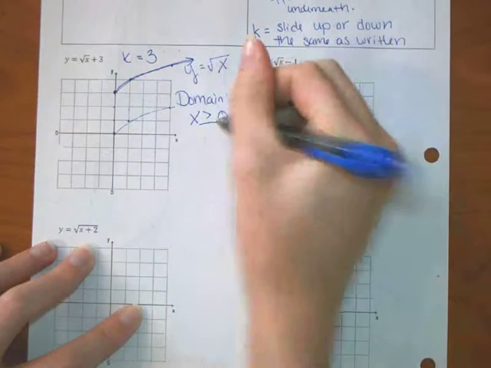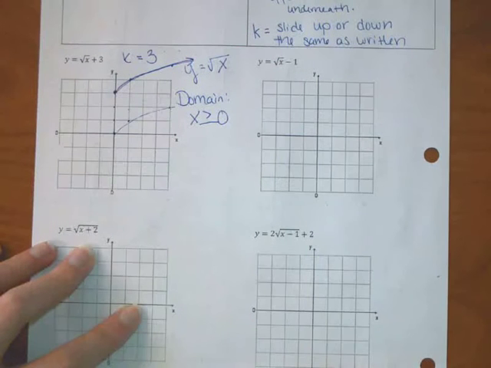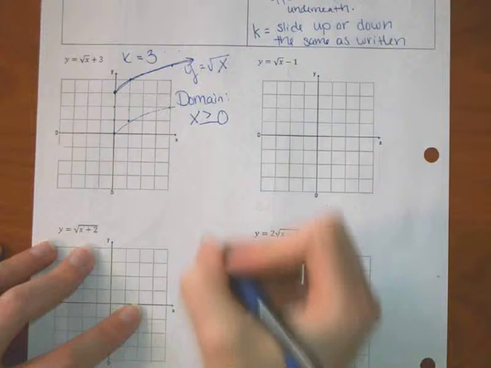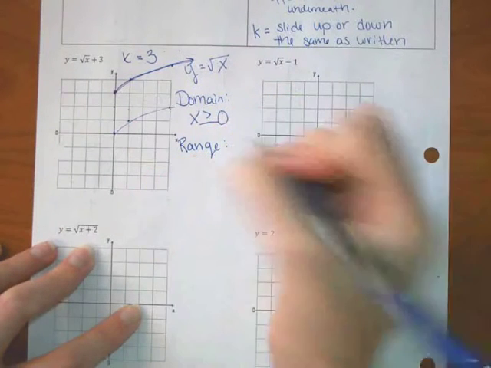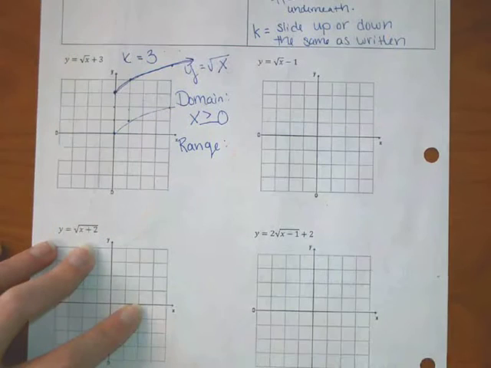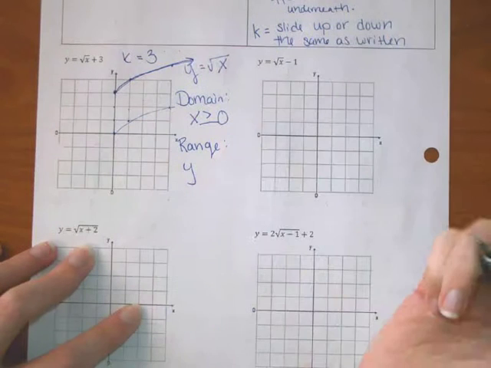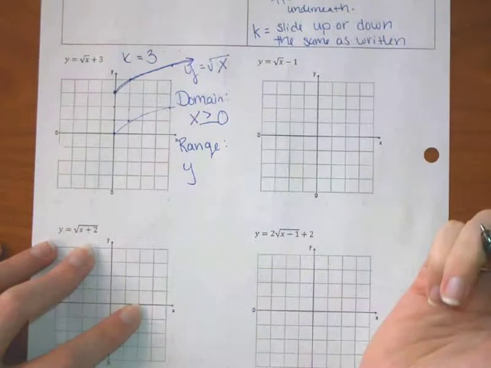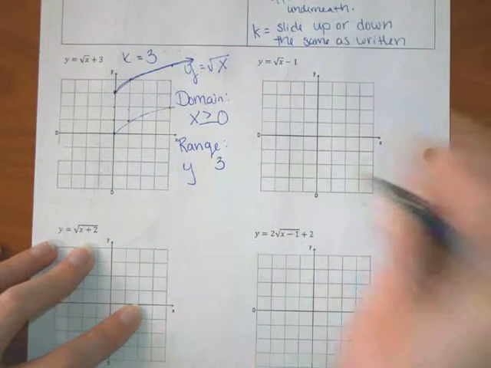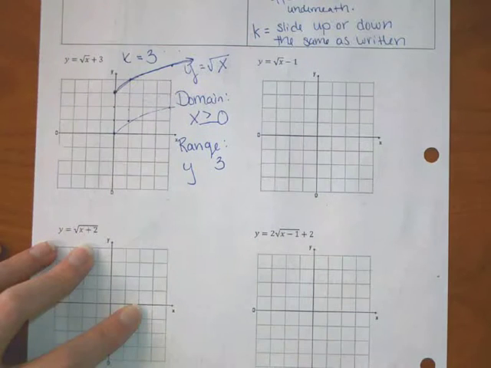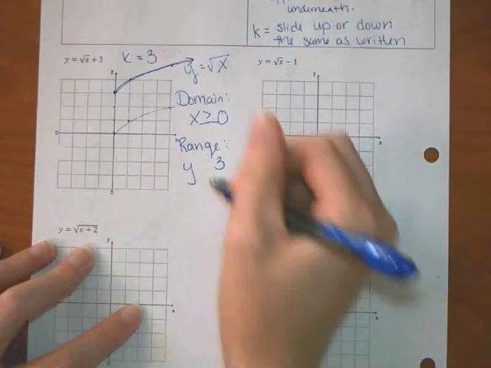Bigger. So my domain has not changed from my parent function. What about my range? Now we're talking about our y's. Where do my y's start? 3. And are they getting bigger or smaller than 3? Bigger.